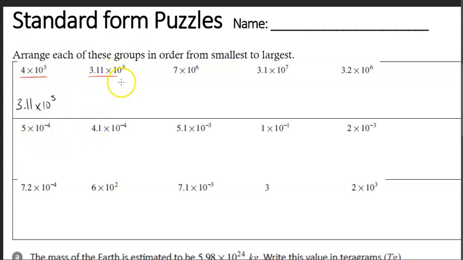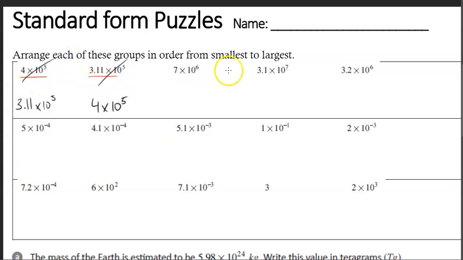Okay, so you always check your base 10 power first, 5 and 5 being the smallest out of the whole group of 5, and then see what the next number is out of them is considered the smallest out of the two, or however many you have. Next number, 10 to the power 5. So cross those two off.